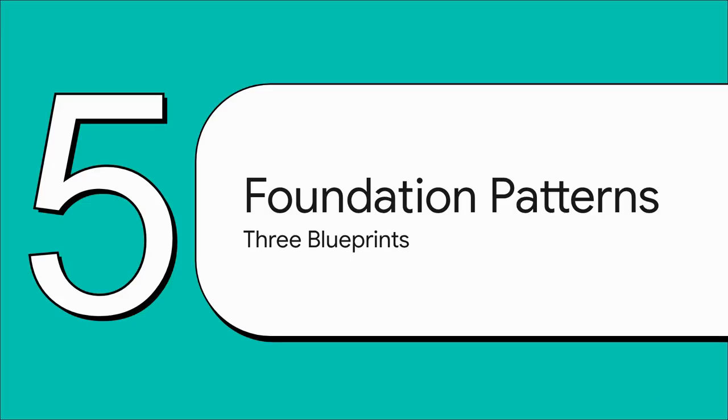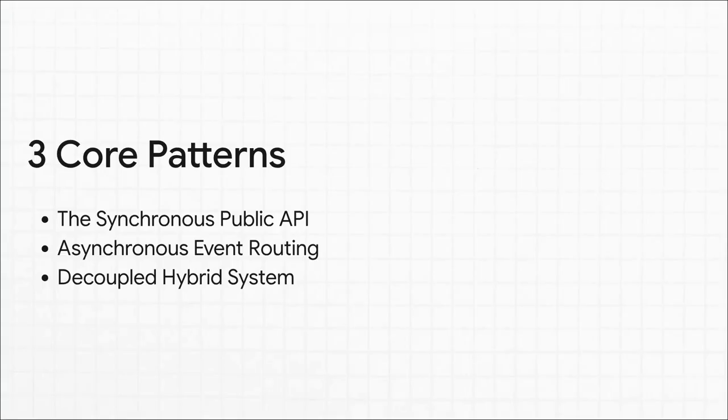And that brings us to our final section, Part 5, 3 Foundational Architecture Patterns. We can really synthesize everything we've talked about today into 3 core blueprints. First, we have the synchronous public API. That's combining API Gateway and Cloud Run for those secure, immediate user-facing interactions. Second is asynchronous event routing, which leverages the raw power of Pub/Sub and Eventarc for robust, decoupled internal communication.